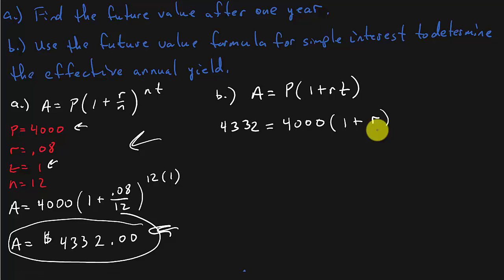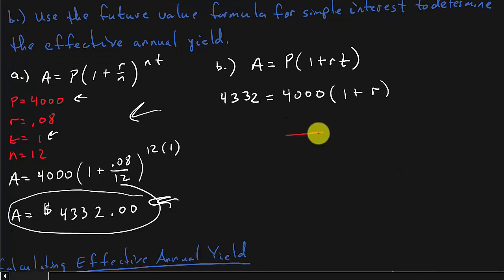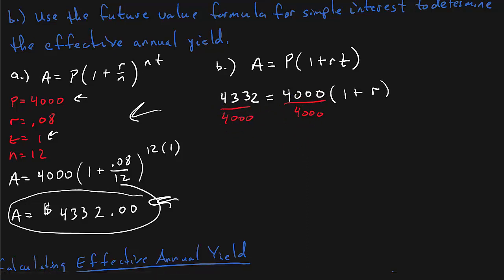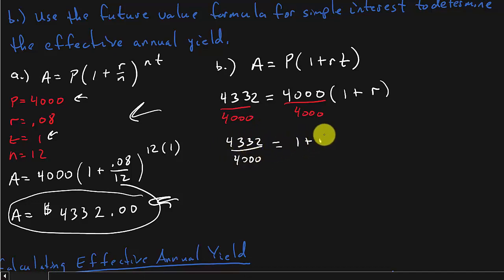And so now we solve. There's a couple ways you can solve it. You can distribute the 4,000, or we can divide both sides by 4,000. That's going to give us 4,332 over 4,000 equals 1 plus R, because those cancel out.